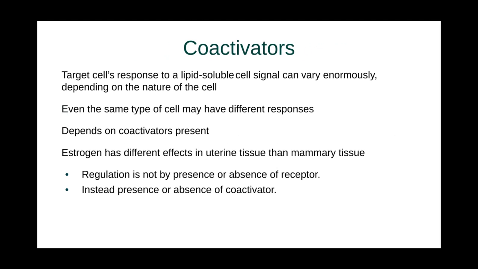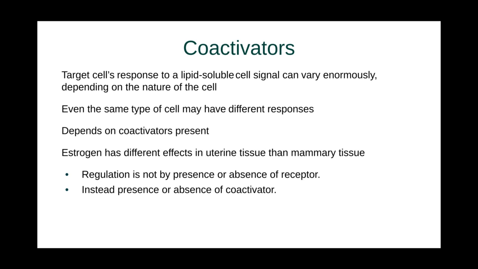Now, in addition to this, we've also mentioned this idea of a co-activator, and co-activators are a variable class in what they do, but the target cell of any given hormone can be affected in a number of different ways, depending on what type of cell it is. So, when you produce testosterone or estrogen, it affects your liver cells differently than it affects your pancreas cells or your kidney cells, right?